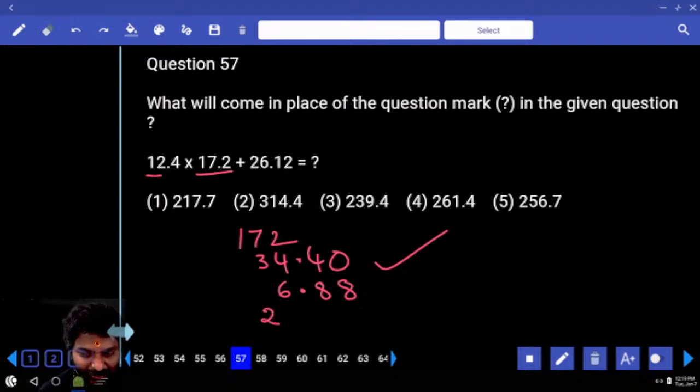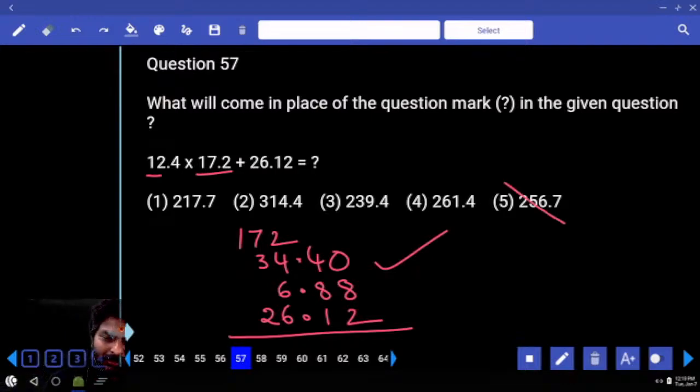To this we have to add 26.12. The number after the decimal will give you 1.4. Is there a carry? 6 plus 4, 0. 0 plus 8, 8 plus 1 carry. The answer ends with 9.4. Third option.